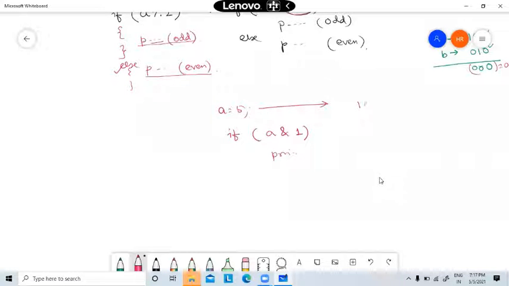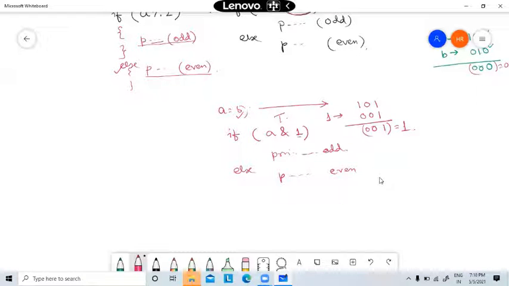Binary value of 5 is 101, and I am bitwise ANDing it with 1. 1 is this one. If I perform bitwise AND, it will give me 1 0 0. So the final output result is 1. For this 5, the 1 means true. So I will write here odd, and else I will write here even.